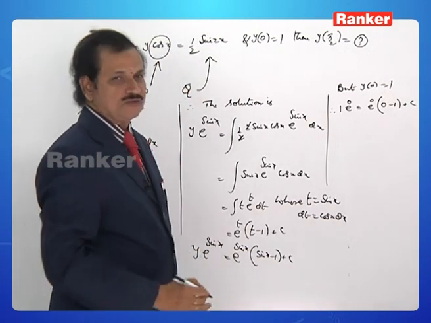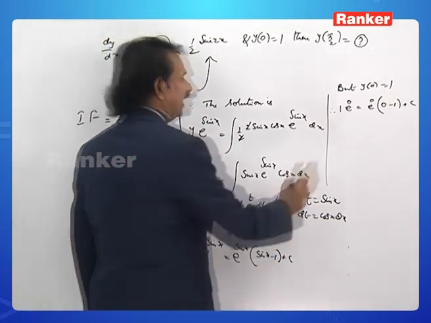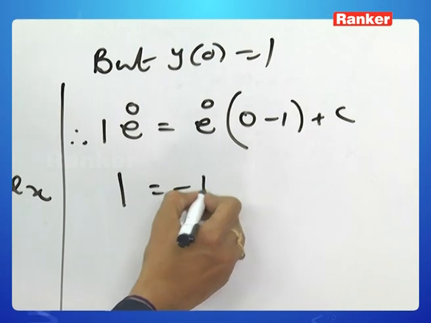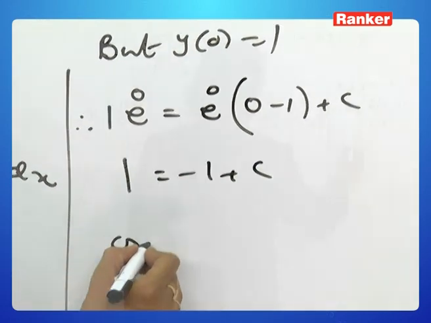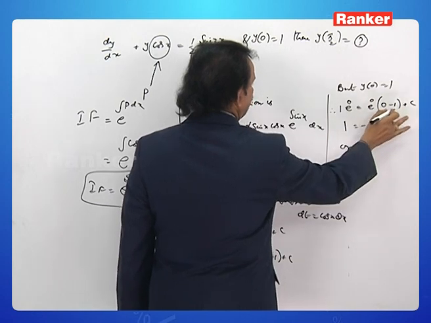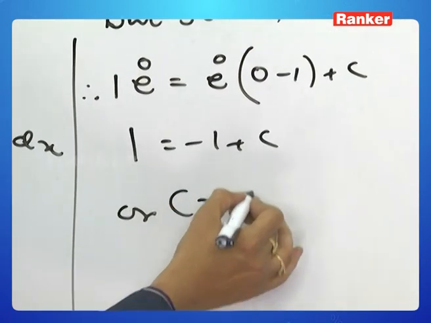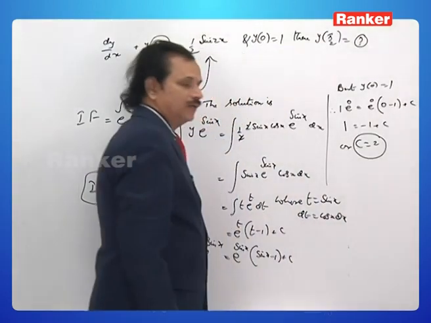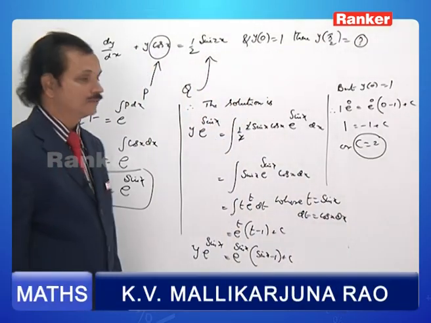You see, e power 0 is 1. Hence, 1 is equal to minus 1 plus c. C is equal to 2.